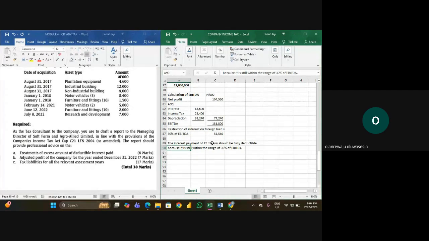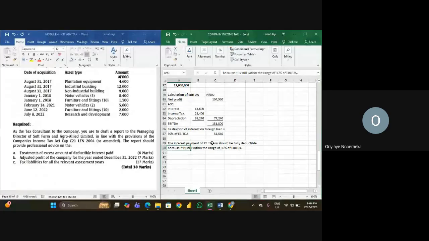The maximum number of years it can be carried forward is 5 years. So we are going to deduct the 54 million from the 60 million, and the balance is carried forward to the following year. Is that what you are trying to say? Yes, yes. Okay.